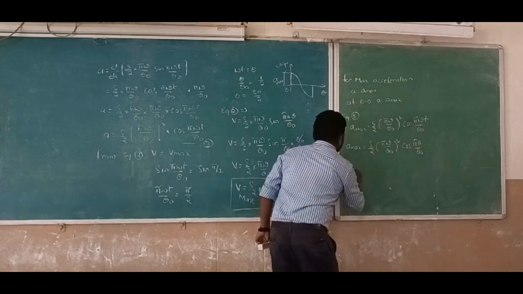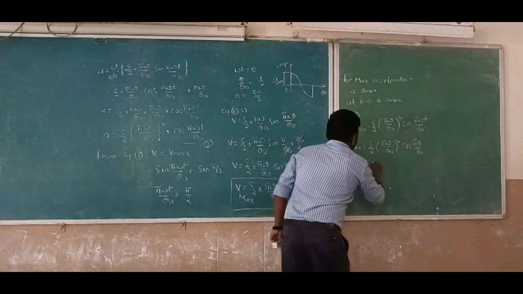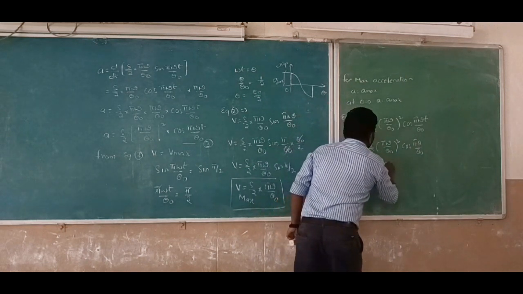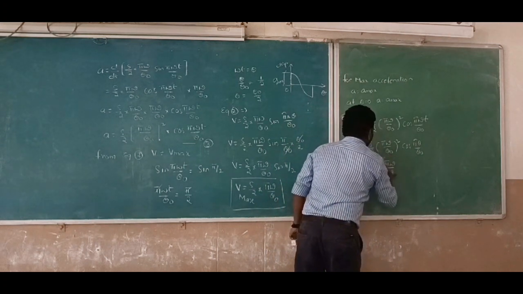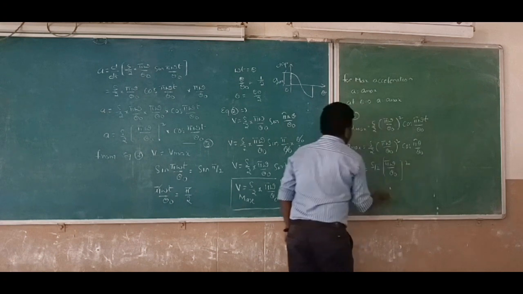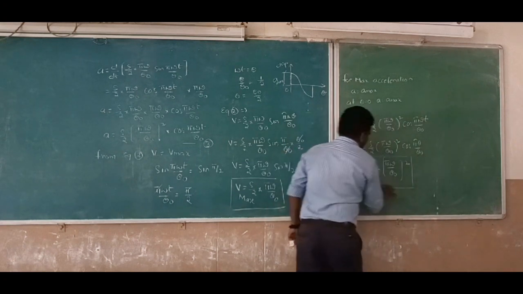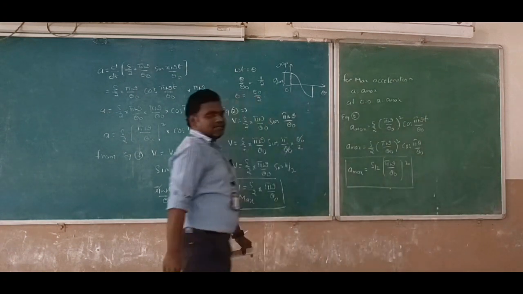So A maximum is equal to (s/2)(πω/θ₀)². So this is our maximum acceleration value.